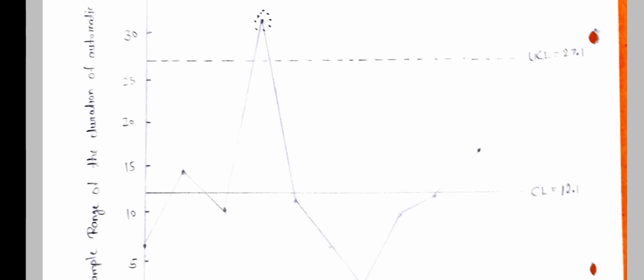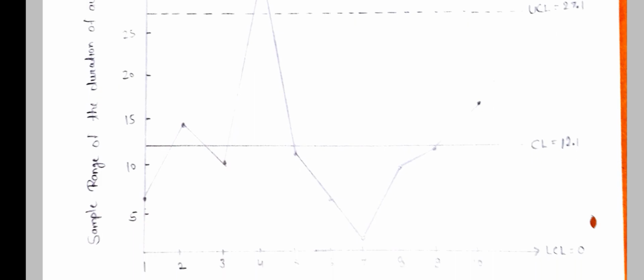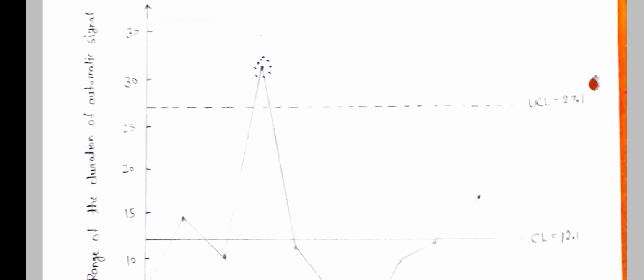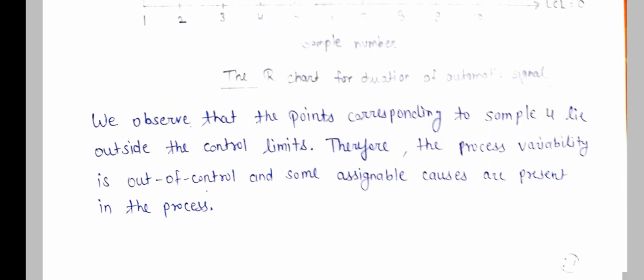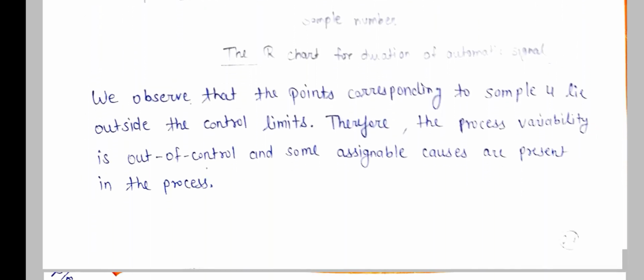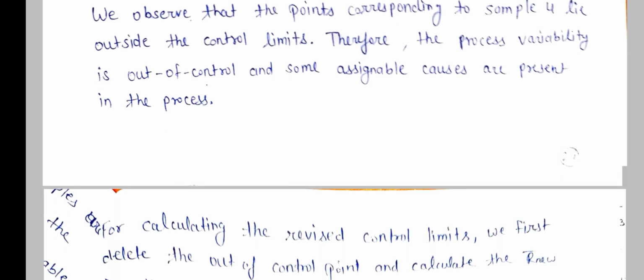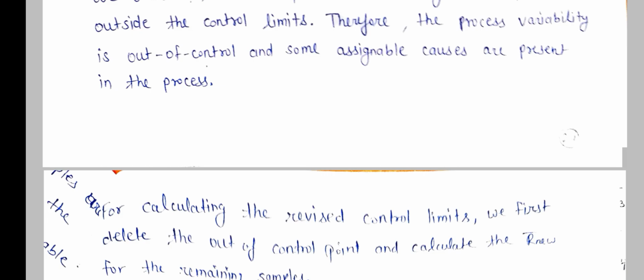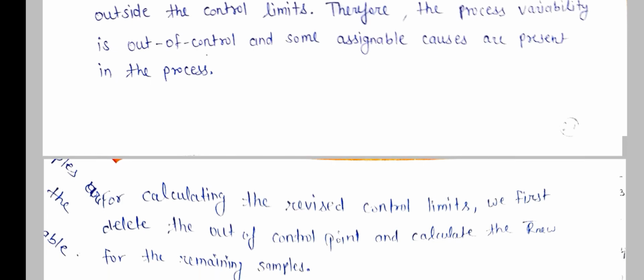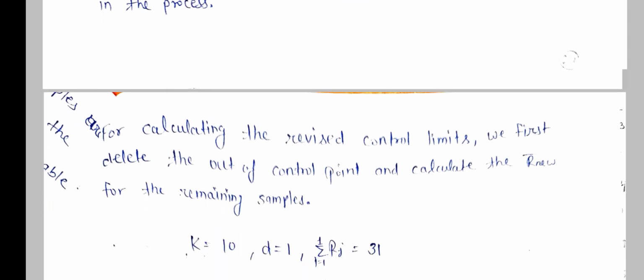We put the R values in, and we see that only one point is outside the control limits, which is the fourth subgroup. So the point corresponding to sample 4 lies outside the control limits. Therefore the process variability is out of control and some assignable causes are present in the process.